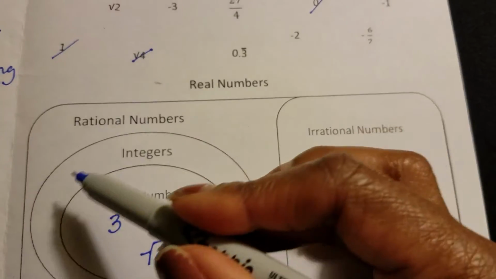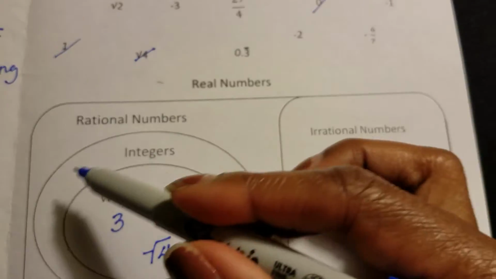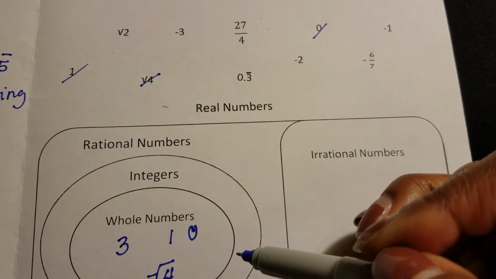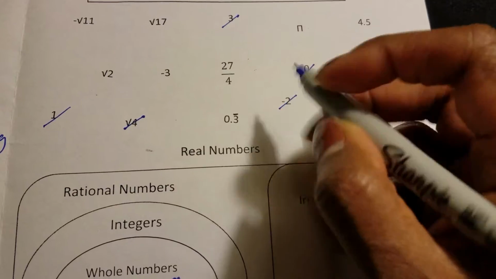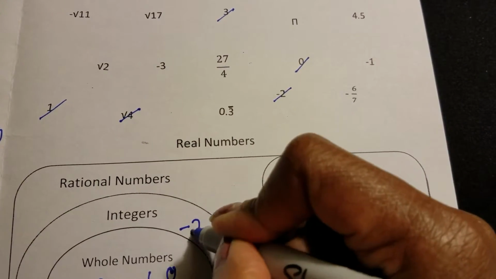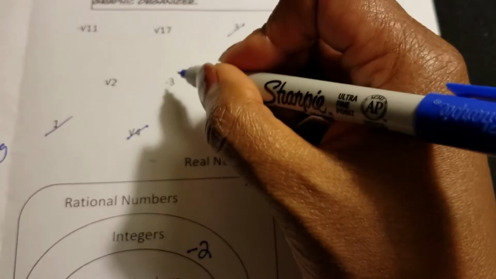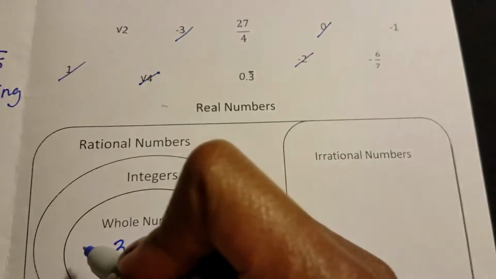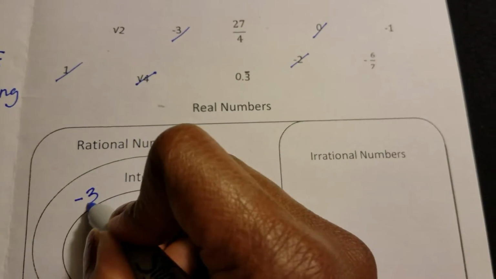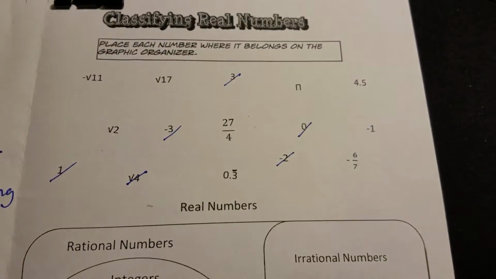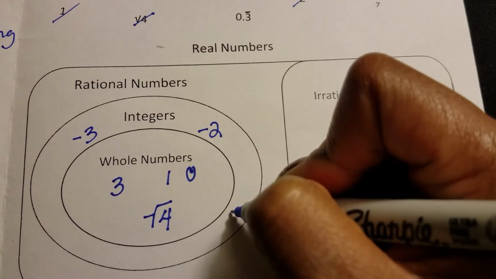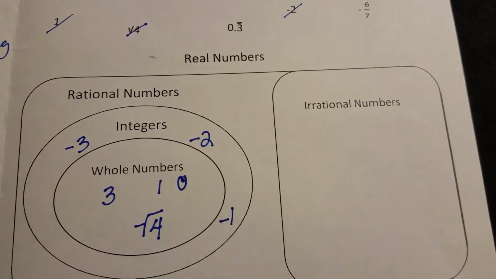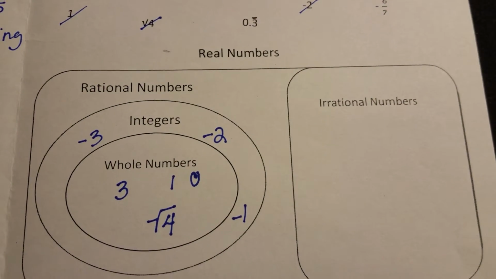So now it will be the negative numbers. All right, so we have a negative 2. We have a negative 3. See any others? Negative 1. I think that'll be all our integers.